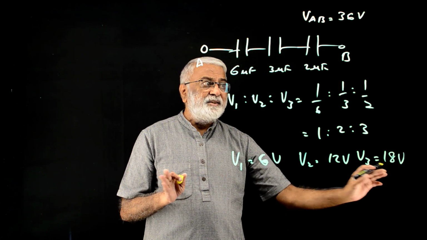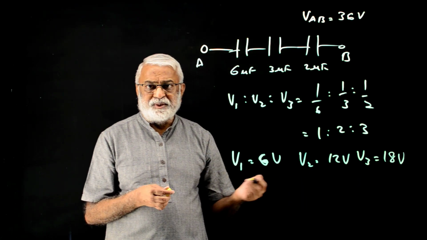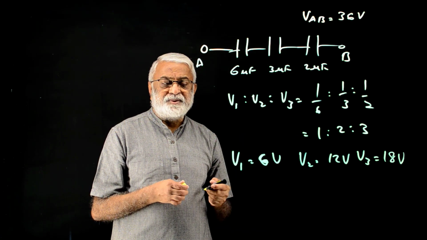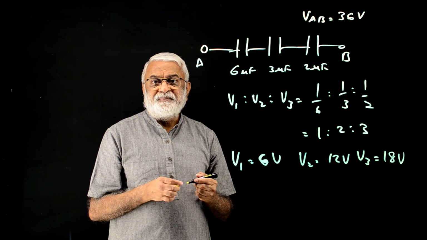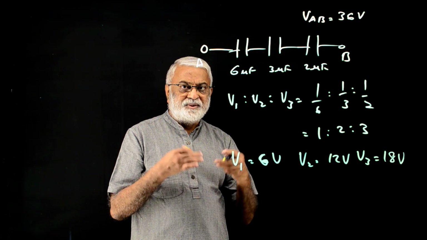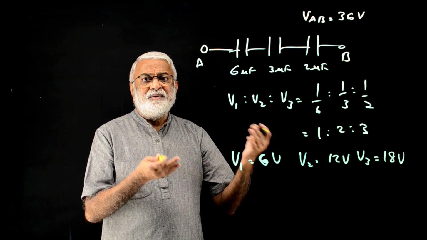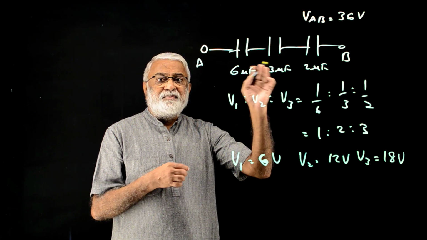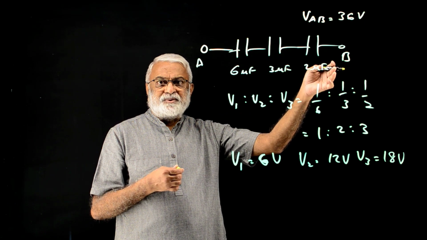We have not calculated the charge here, so you could do it this way. If you are interested only in the potential difference across individual capacitors, it's good to know that potential differences are in the inverse ratio of capacitances in series combination. The other thing we used was that the charge in the equivalent capacitance is the same as the charge in any one of the individual capacitors.